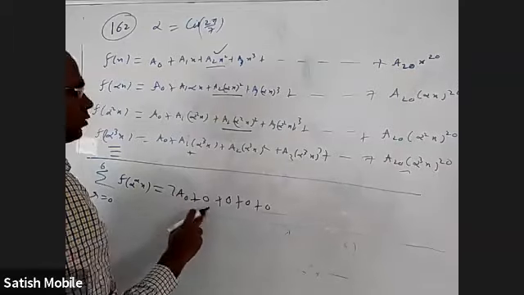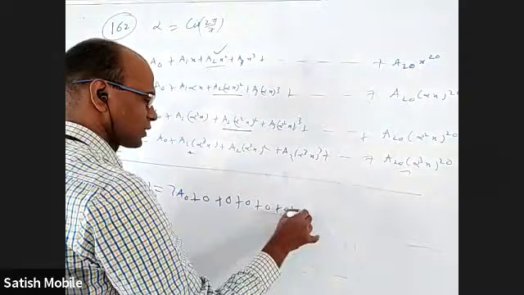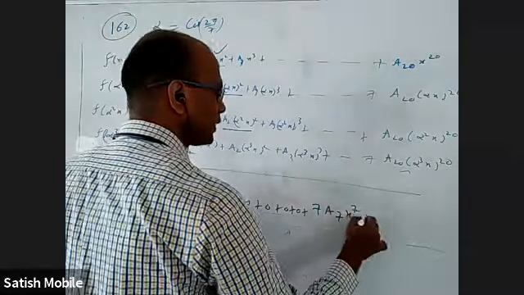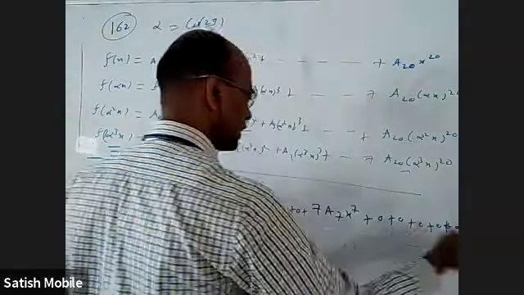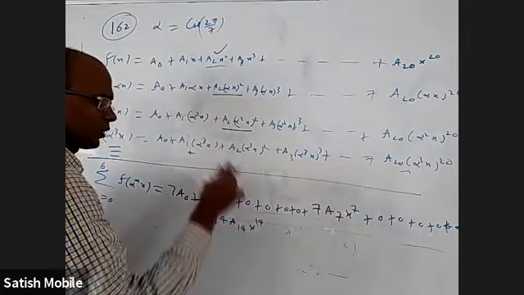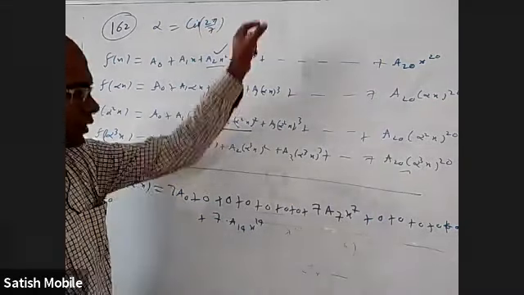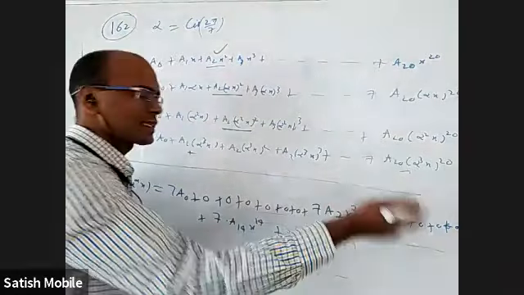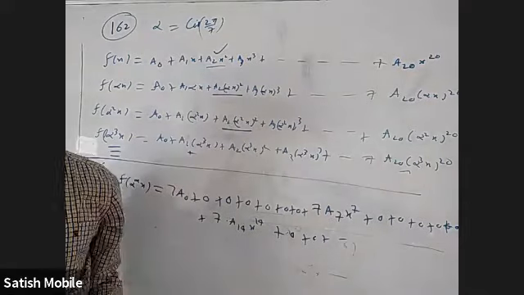This is power 1, power 2, power 3, power 4, power 5, power 6. When I take power 7, you'll get 7 times a7 x power 7. Again 0, 0, 0, 0, 0, 0. Next, you'll get a14 x power 14 7 times. Next again all are 0. The next thing that will come again like this is a21, which is not there in my list. I'm stopping at 20.